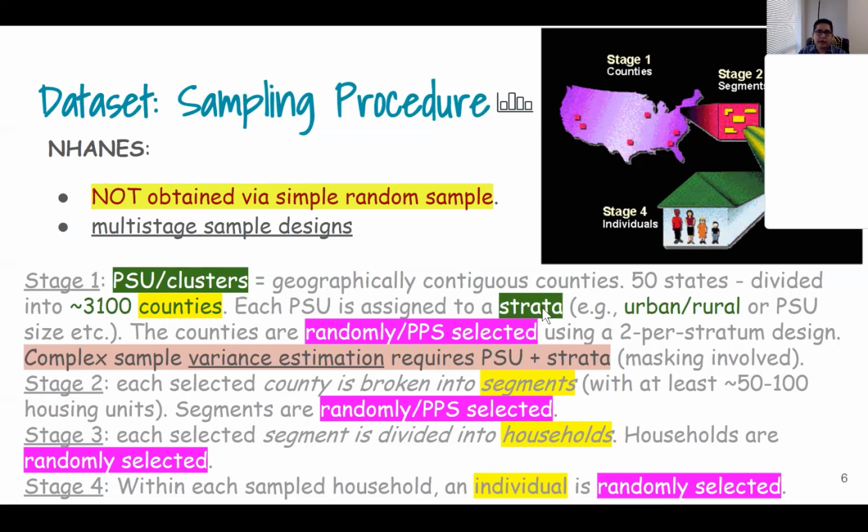If some rural areas are together, then we can combine them together. If some urban areas are together, we can combine them together. So in a sense, you are right that when we are creating the strata, we are trying to create them with the sense in mind that the population within a strata will be homogeneous to some extent.